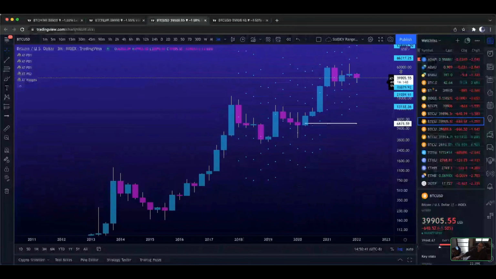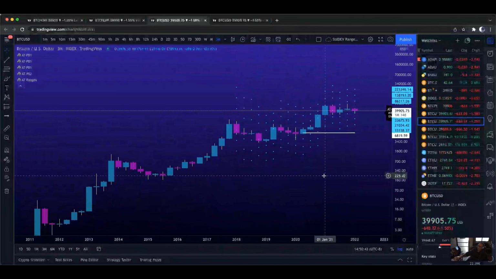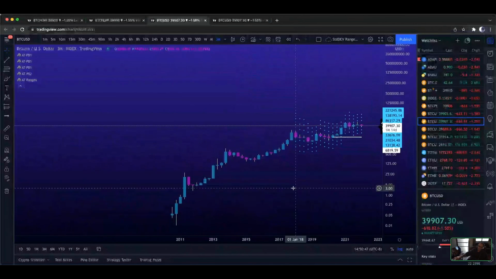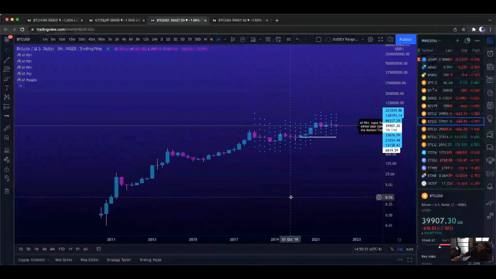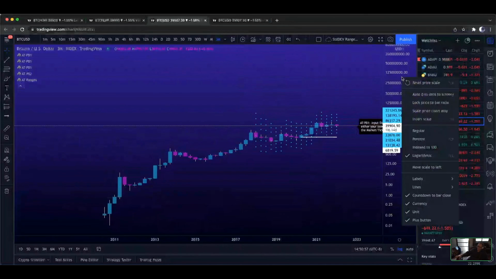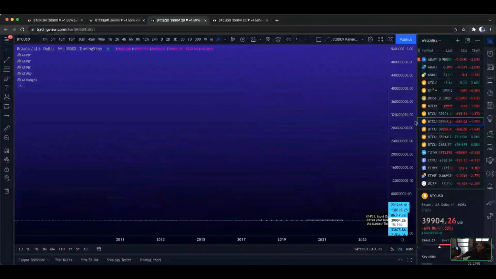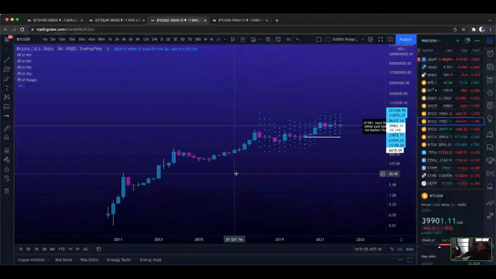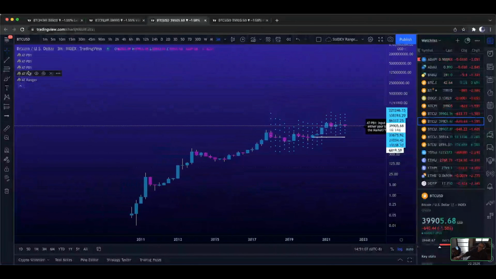But look at this chart. I mean, come on. This is what I love showing. Let's keep this in perspective. There's Bitcoin, 2010. Looks pretty good. Looks damn good. This is on log. Can you throw it on regular? Yeah, looks pretty good indeed.